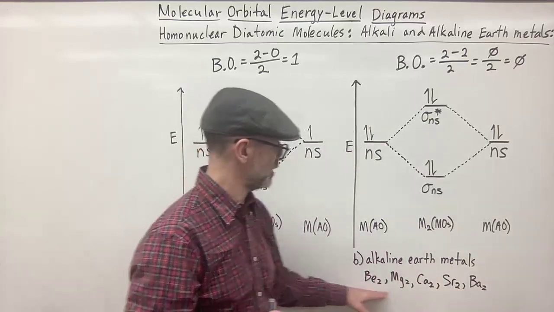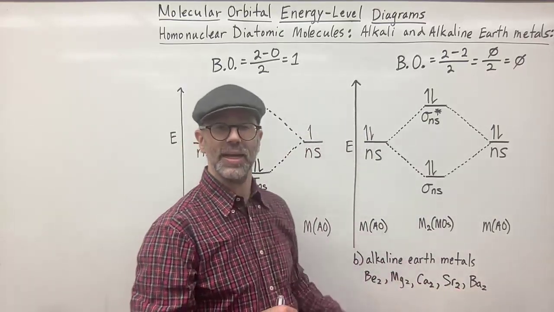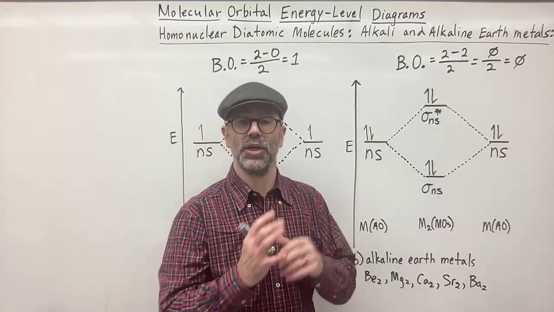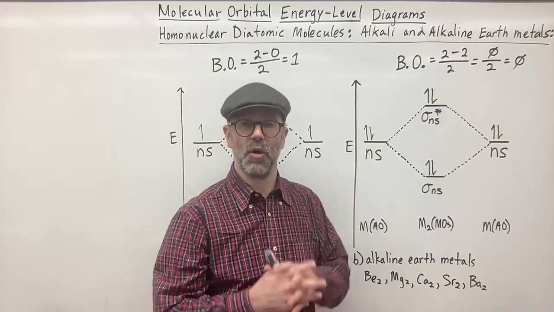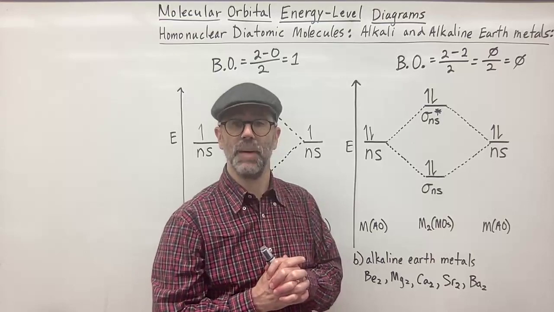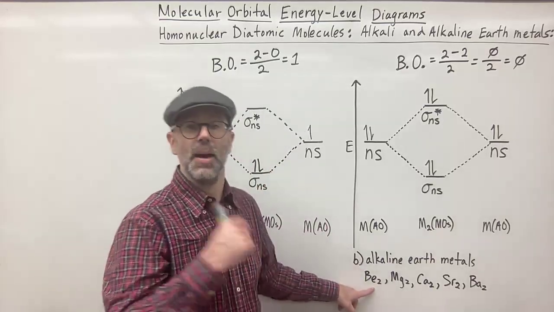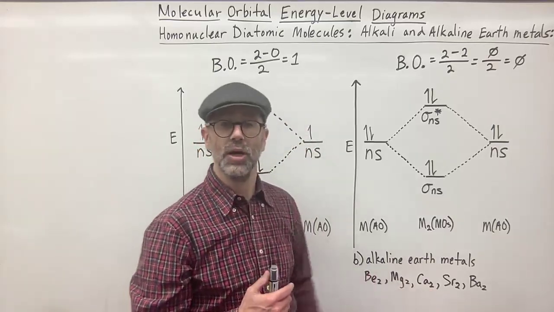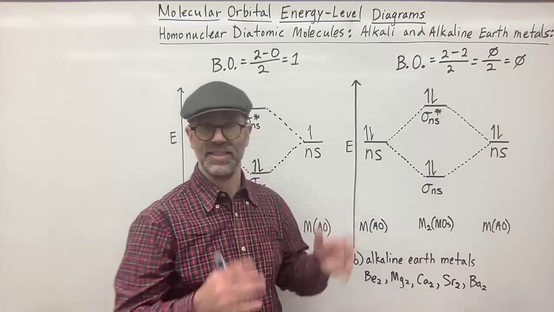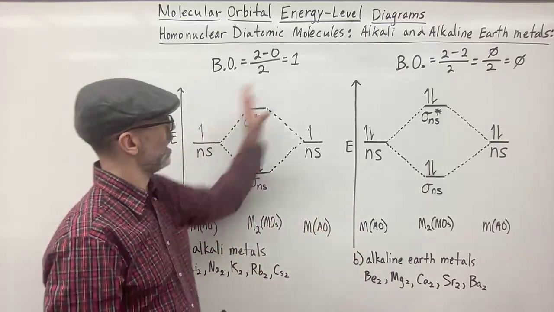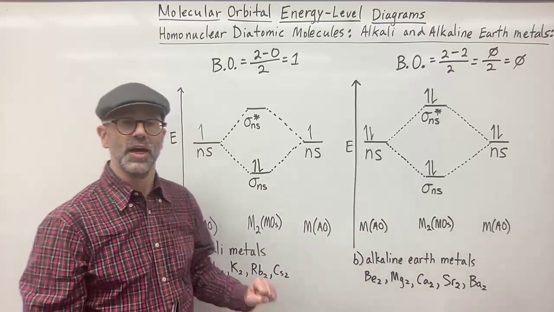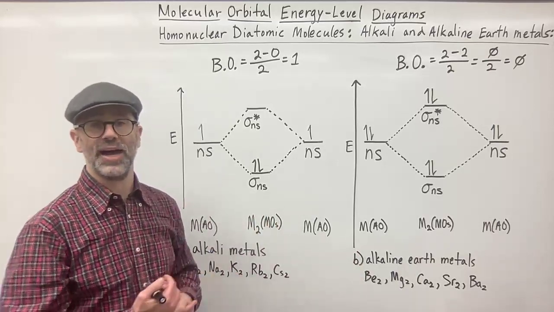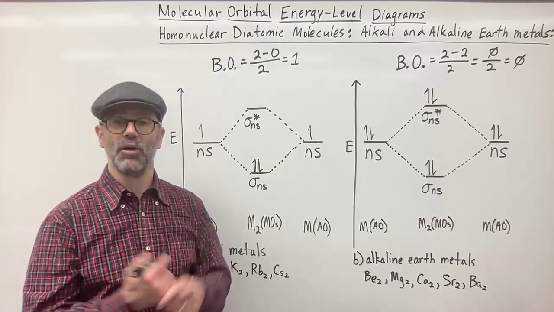So these are all going to exist as solids, but as a lattice structure of atoms in a sea of electrons according to the sea of electrons model of metallic bonding. But these are not going to exist as molecules, Be2 or Mg2 or Ca2, in any state. So that is an overview of the molecules and the stability of the molecules for your alkali metals and your alkaline earth metals.